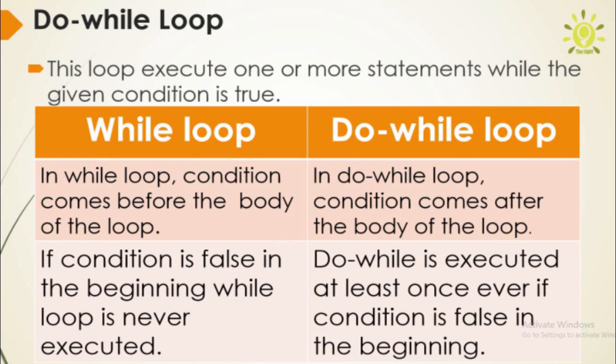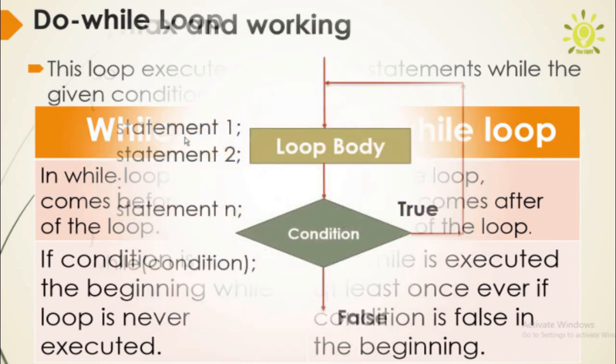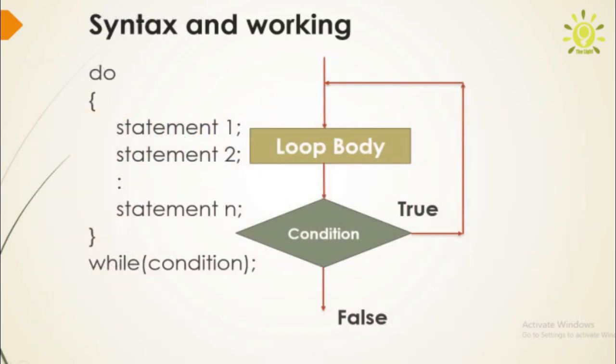So guys, now understand the working and syntax of the do while loop. First you write the do keyword and then the body of the loop. If you have more than one statement, then write them in curly braces or delimiters, and then at the end we use the while keyword and then the condition, and a terminator must be placed.